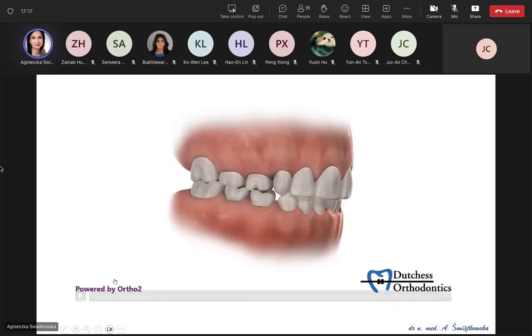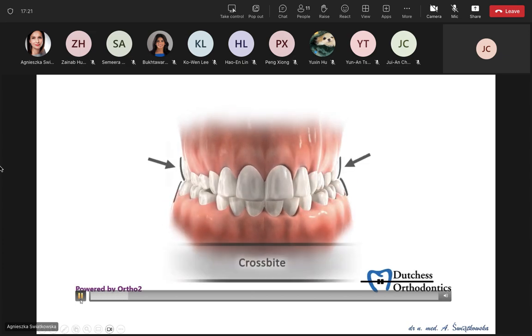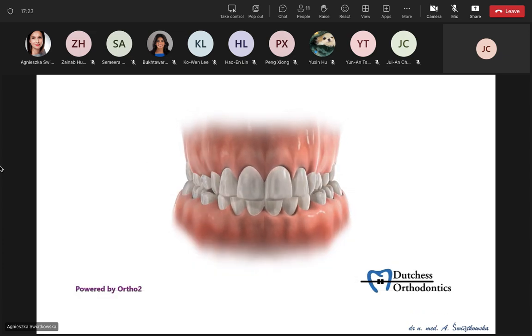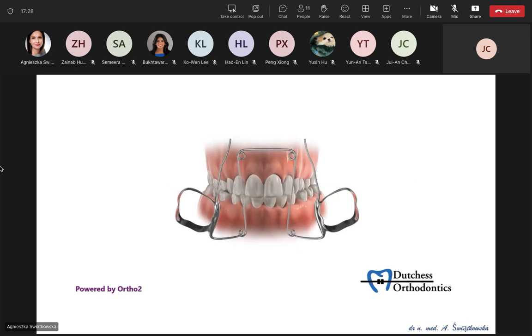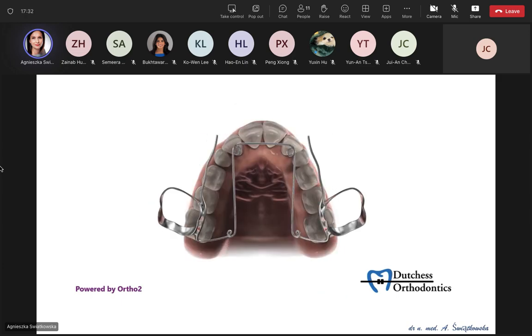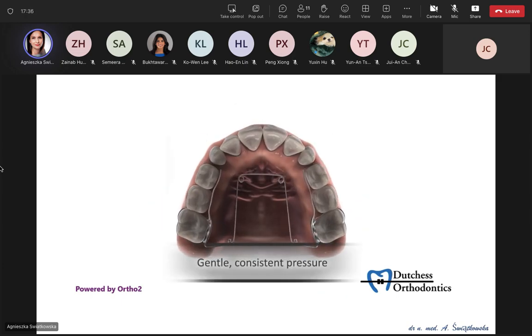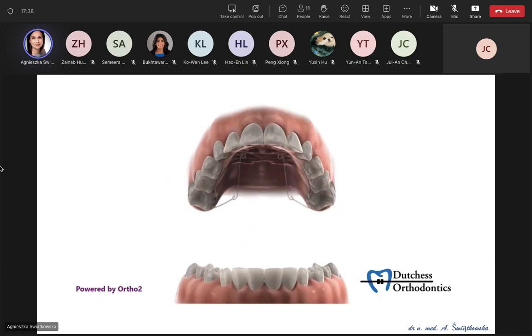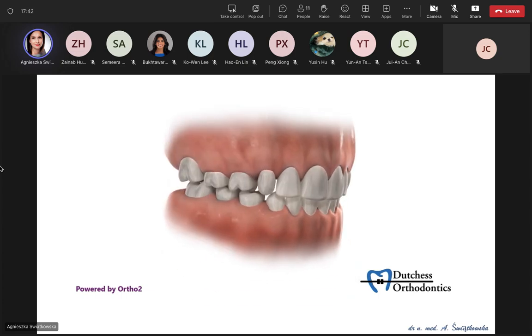And how does this appliance work? This appliance could be fixed in patient mouth. We usually use glass ionomer with activation. So we put appliance which is activated before placement.